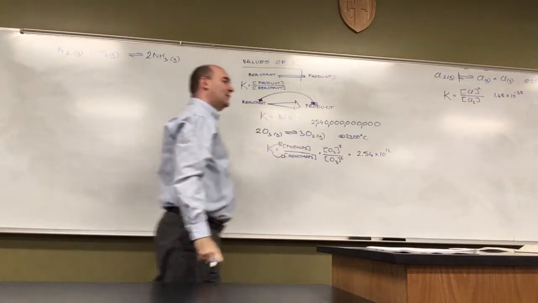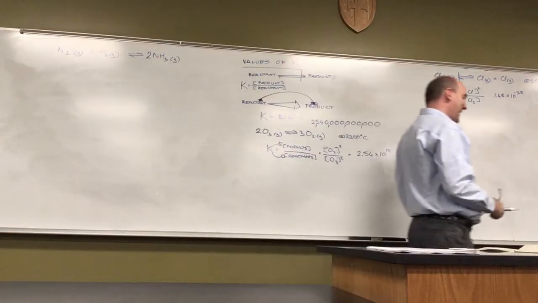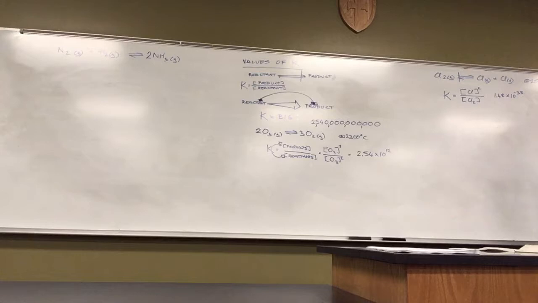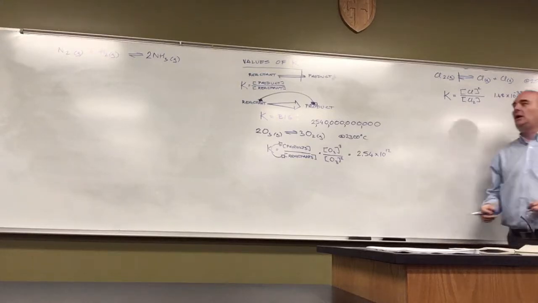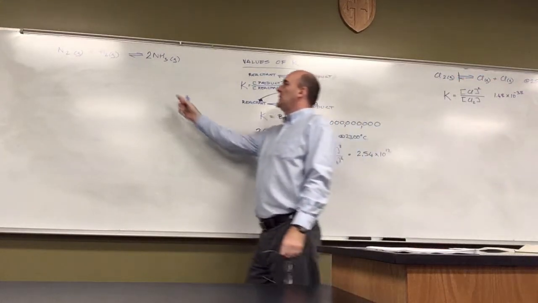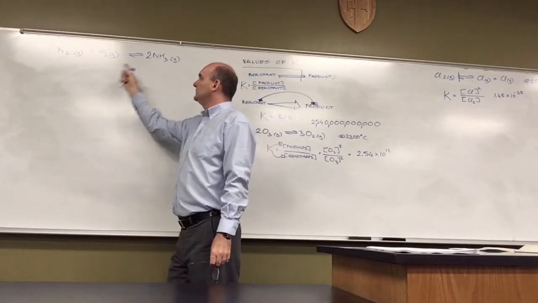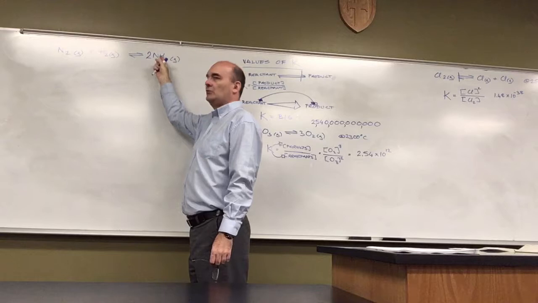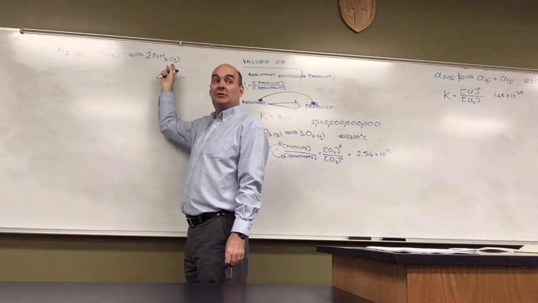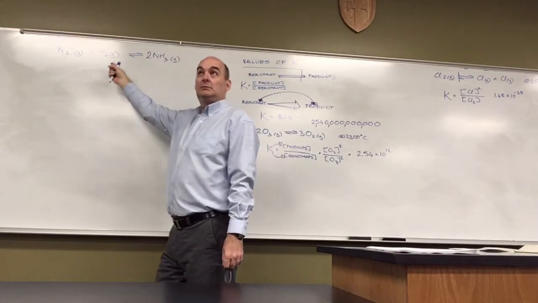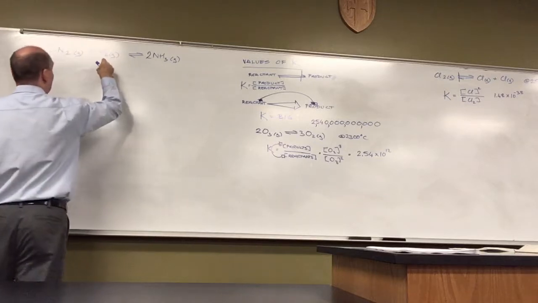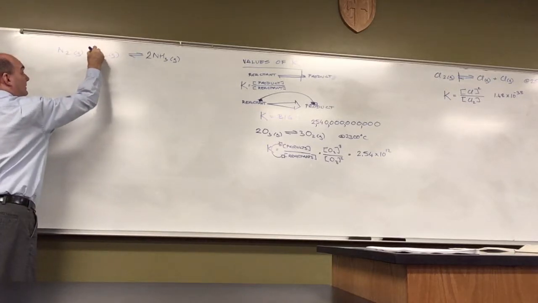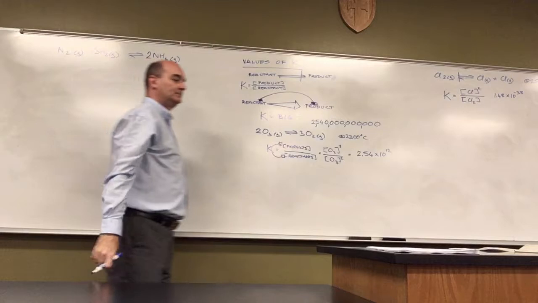So that means that my N2 has to generate 2 molecules of NH3. So now on the right I have 2 nitrogens. I have 2 nitrogens on the left, and I have 2 times 3 hydrogens, 6 hydrogens on the right, but I only have 2 hydrogen atoms on the left. So I put a 3 here.